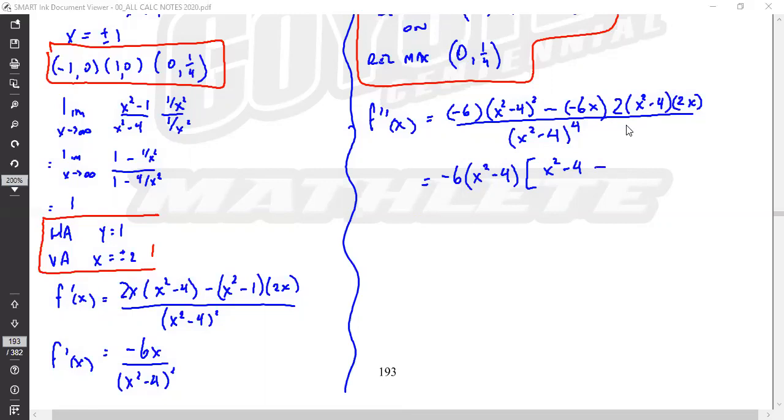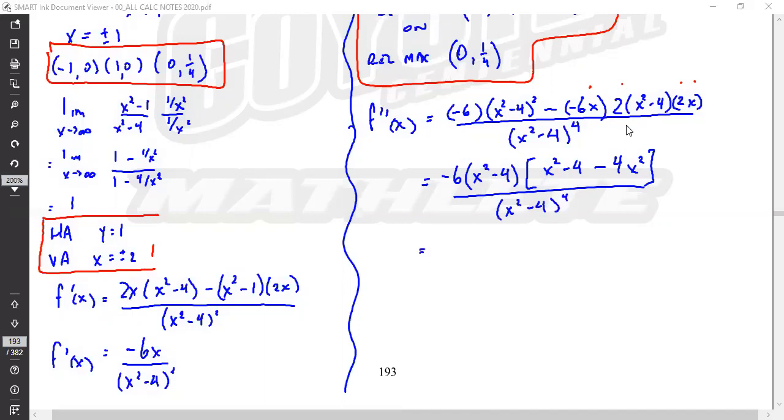In the back half, we've common factored out 6, but we're leaving behind that x, and that 2, and that 2, and that x. We multiply that together and it gives us minus 4x squared. Close our square brackets. What do we have downstairs? We have x squared minus 4 all to the 4.